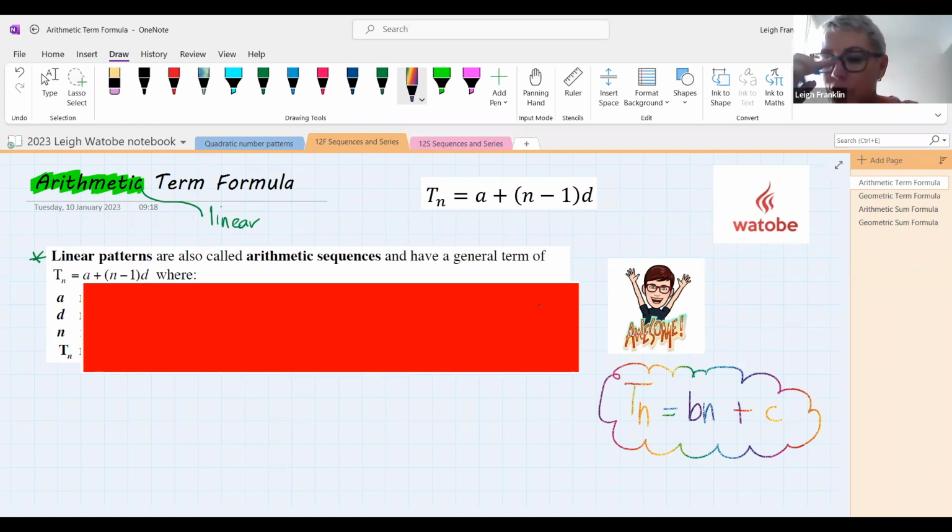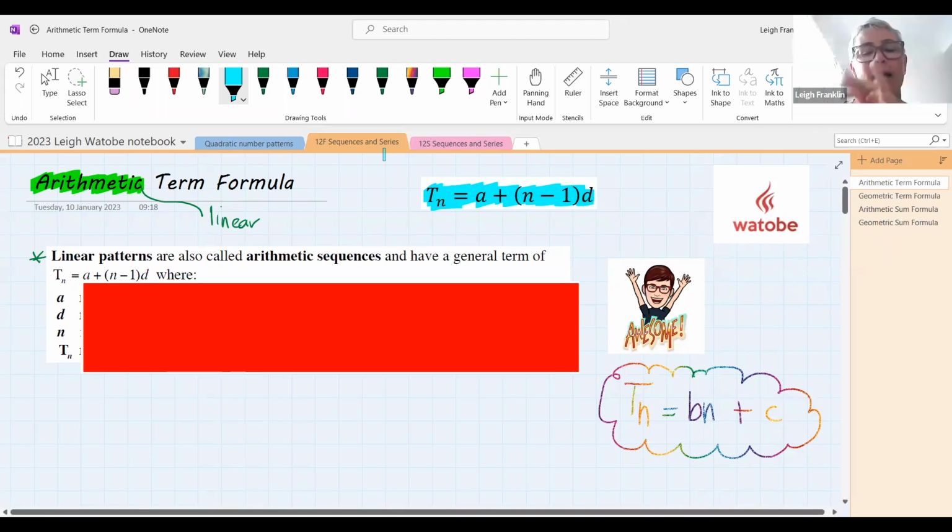In matric, instead of working with Tn = bn + c, we work with the formula Tn = a + (n - 1)d. I want to explain where this comes from, because not all of us would have done this just yet.